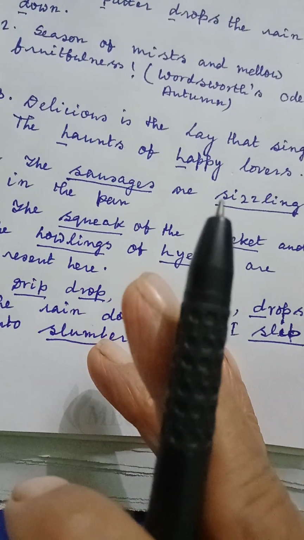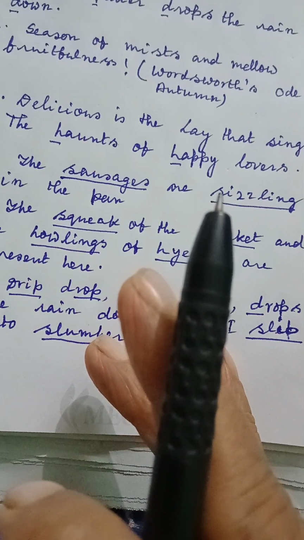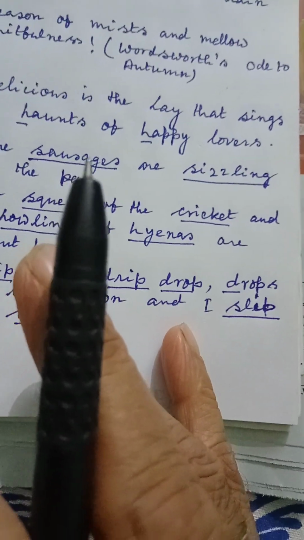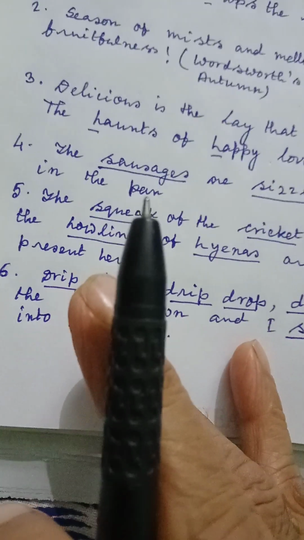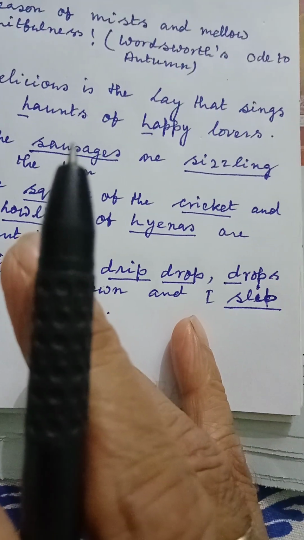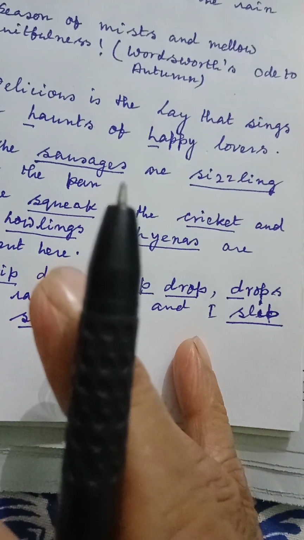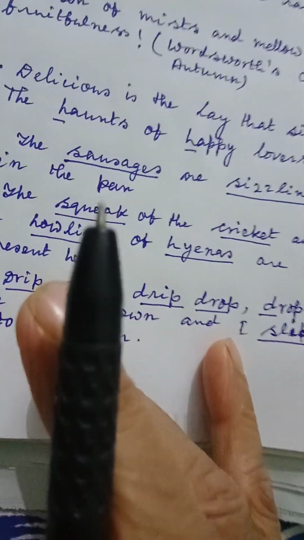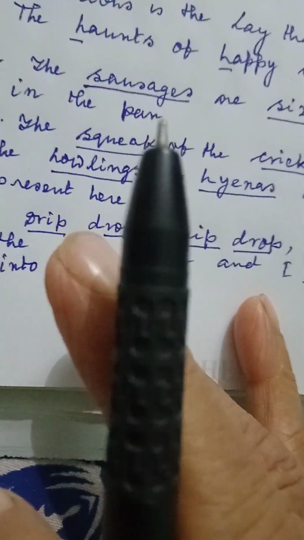S and S are alliterative, and the sound of sizzling of sausages in the pan is suggesting how the sausages are sizzling in the pan, and it creates a sound impact or sound effect, sizzling.